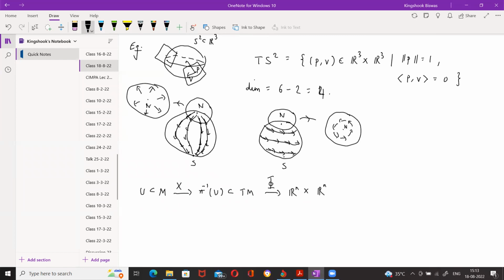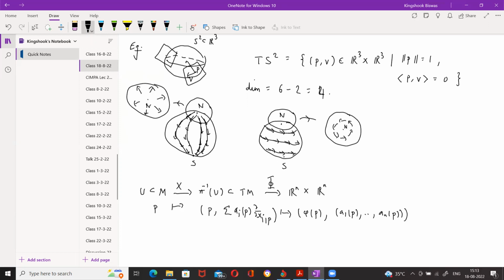So what does this map look like? P goes to, I have to choose a tangent vector at P. So the base point will be P, and then I'll have some summation a_i of P del xi at P. And then this under my chart goes to phi of P, comma, a_1 of P, up to a_n of P, right?